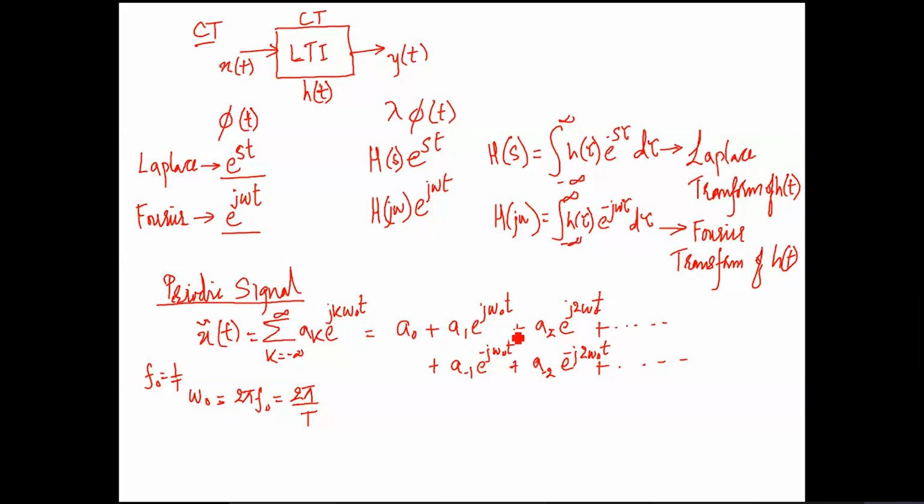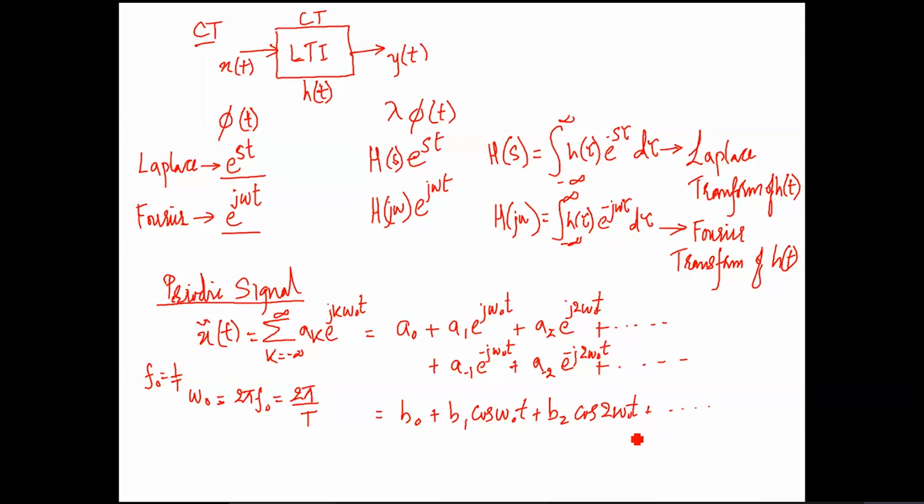If you take just one complex exponential, it's not a real thing. It has a real part and an imaginary part both. But if you take two complex exponentials, if let's say a1 and a minus 1 are the same, then they will be complex conjugates and you will end up getting something like this. Let's call it b naught plus b1 cosine omega naught t plus b2 cosine 2 omega naught t, and it goes on like that. Two complex exponentials which are conjugates of each other with the same coefficient, we can write as a sinusoid.